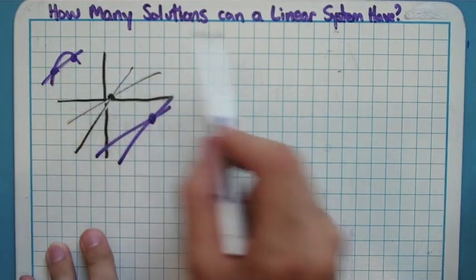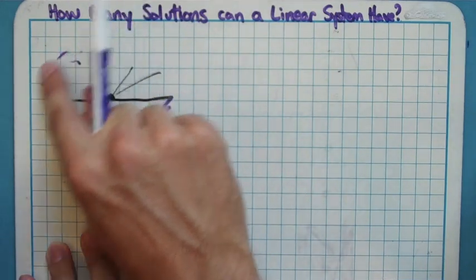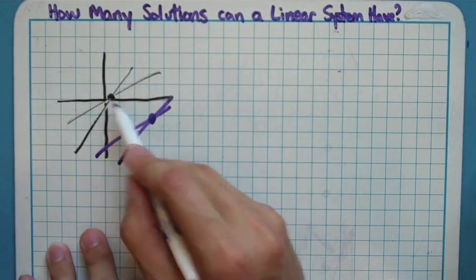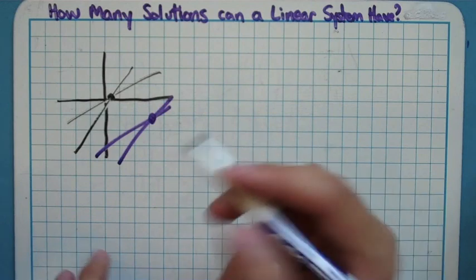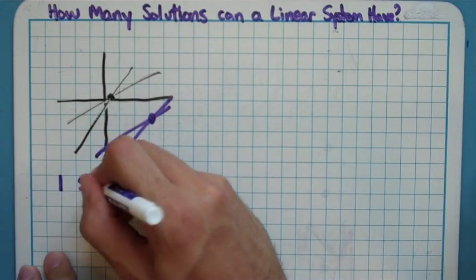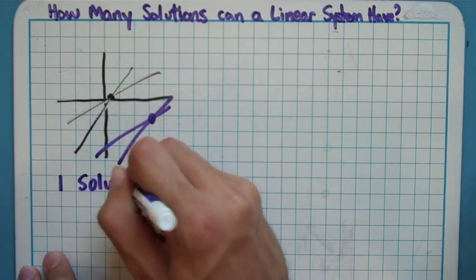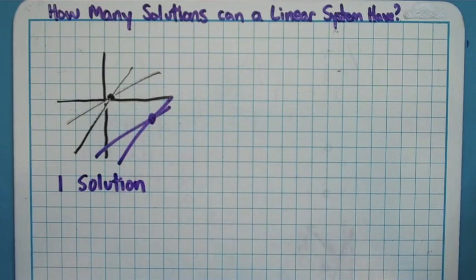So if you have a linear system where the equations are all lines, the first possibility is that we have exactly one solution. There's only one spot where the lines cross, and there's no other point out there that's going to work in our problem.